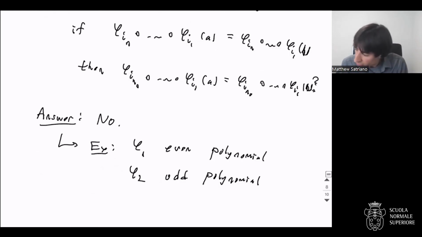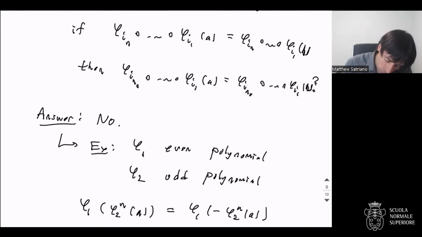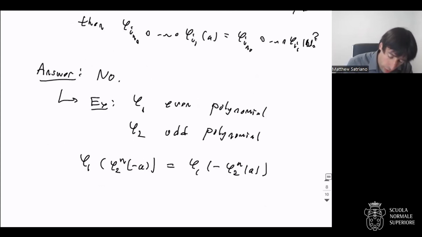And then what we would see is that if I look at phi 1 of phi 2 to the n of A, well, that's the same as of negative A. The negative pops out, but then phi 1 kills that negative, right?